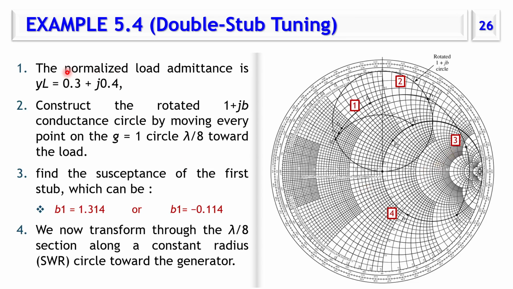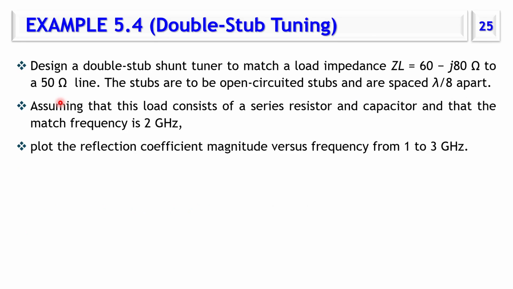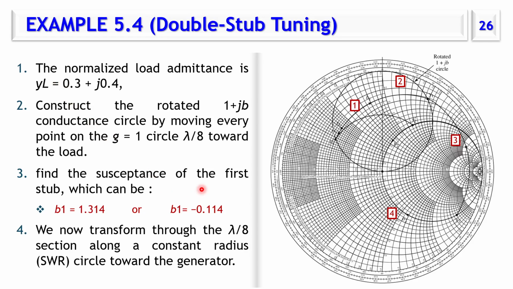Okay, so ZL is 60 plus j80 over 50, so it's 1.2 minus j1.6.